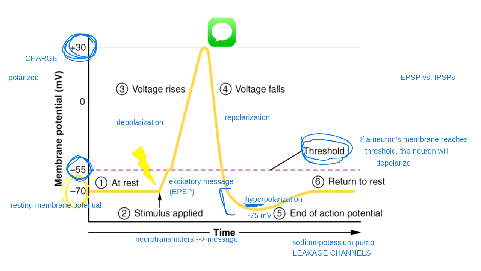So Nicole asked, at -55, it is starting to be depolarized. And with that word depolarized, it really just means that the membrane charge is getting more positive. So we're depolarizing even in this place right here, where we're receiving our excitatory message, where we're just going up a little bit, even before we hit threshold.